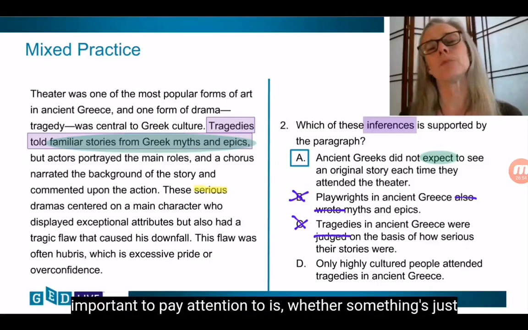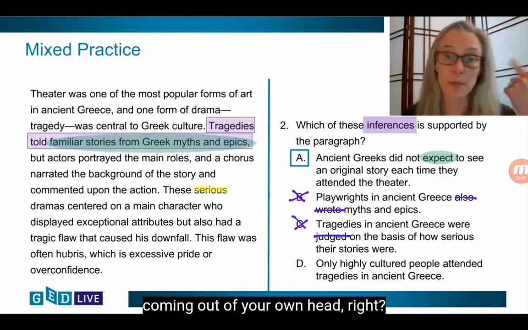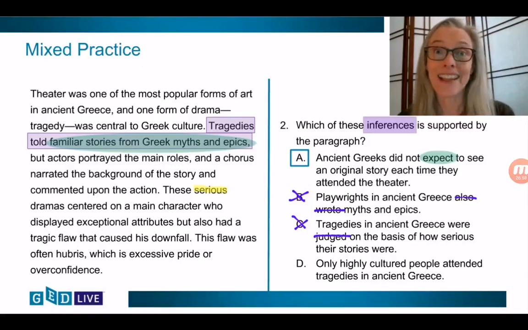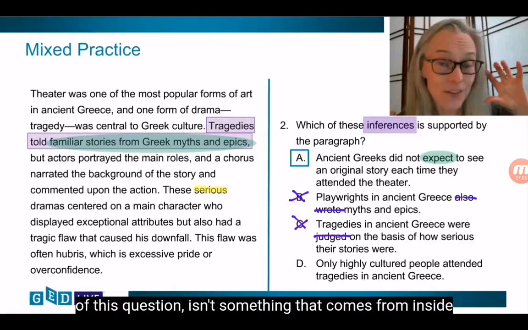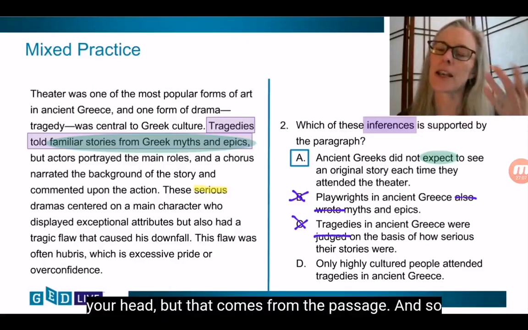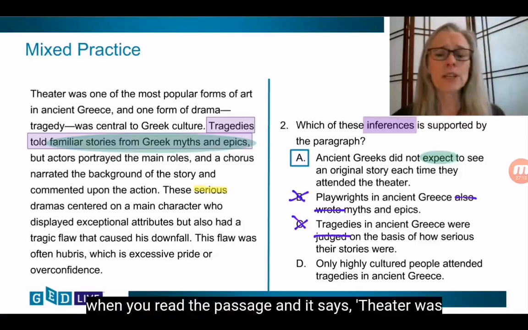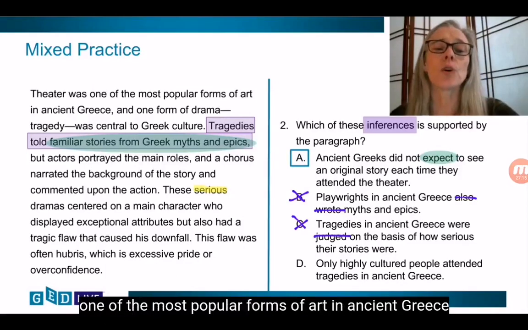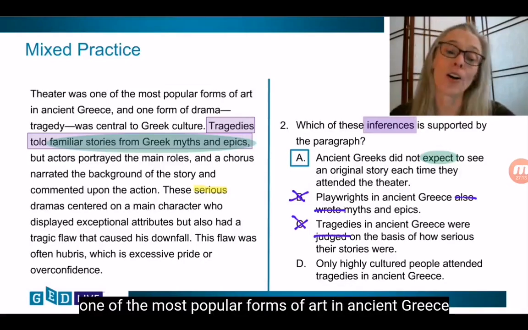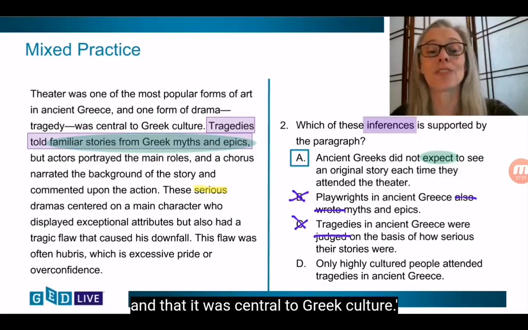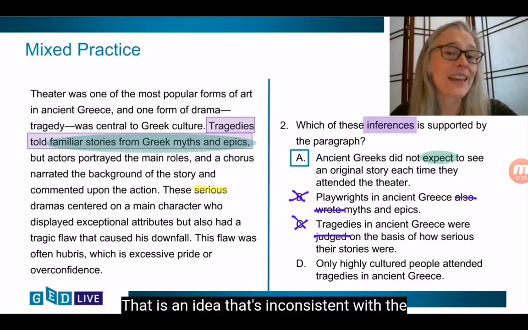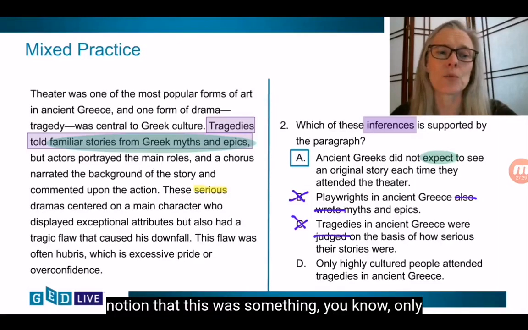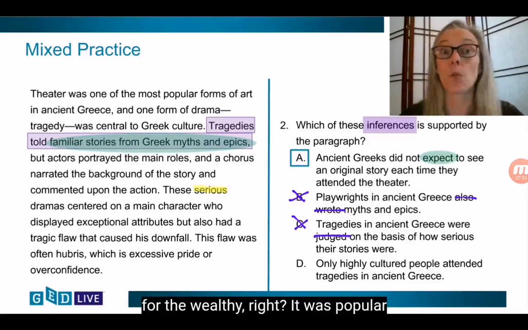But what's always really, really important to pay attention to is whether something's just coming out of your own head, right? We've all got a lot of stuff going on in our heads. You want to make sure that what you're thinking about in the context of this question comes from the passage. And so when you read the passage and it says, theater was one of the most popular forms of art in ancient Greece, and that it was central to Greek culture, that is an idea that's inconsistent with the notion that this was something only for the wealthy, right?